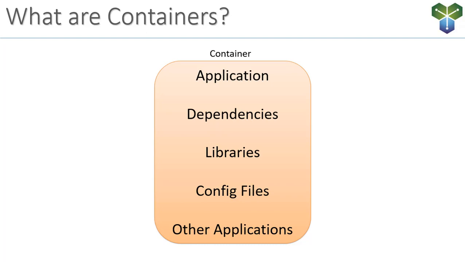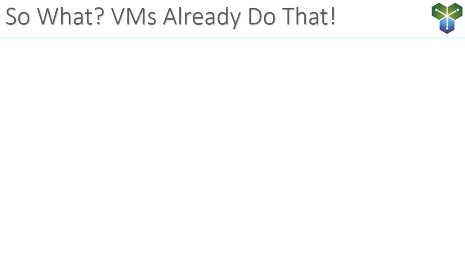I can move it from one platform to another without impacting what's inside of that container. And so with a container, the little differences in operating system distributions and the underlying infrastructure are abstracted and hidden from the application running within that container.